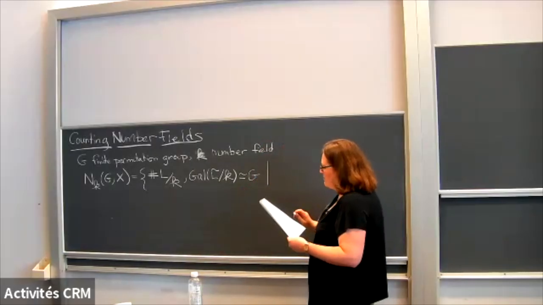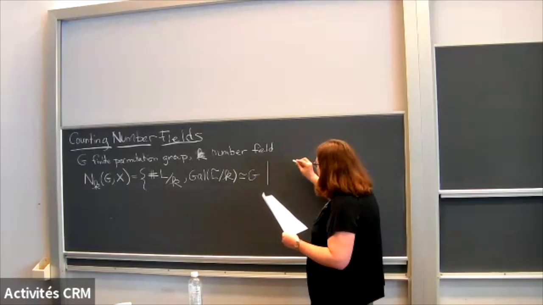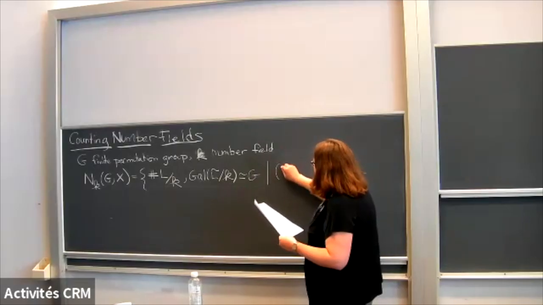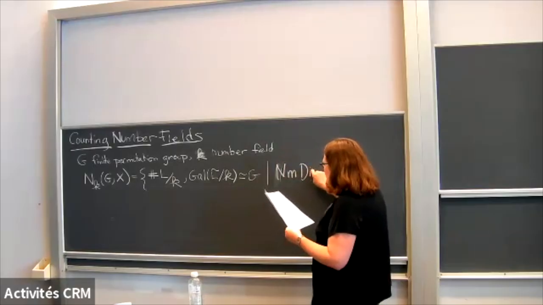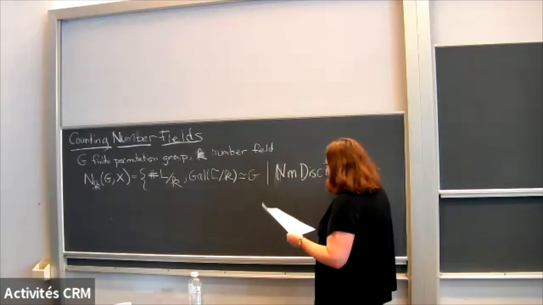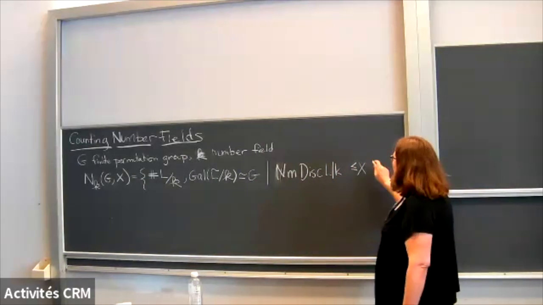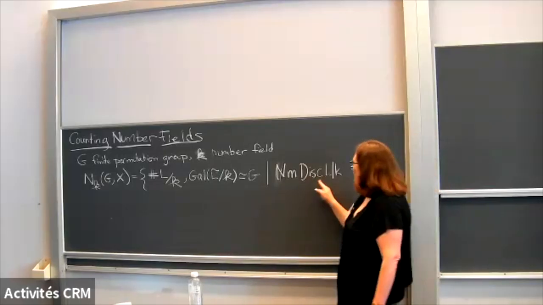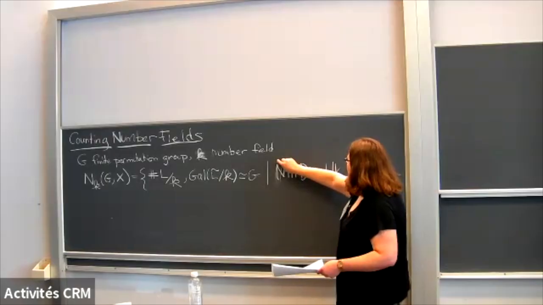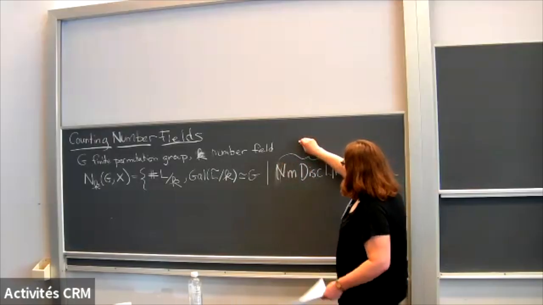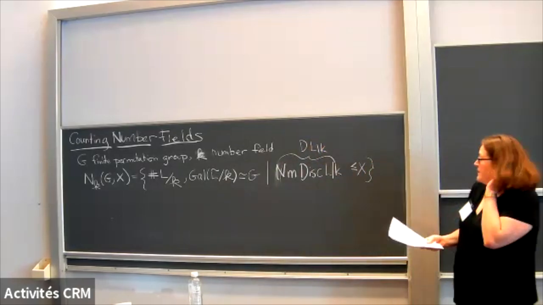so we're counting such things with the norm of their relative discriminant. So that's an ideal. You take the ideal norm to be at most x, but because I don't want to always have to write so many letters, I will write this as just d L over k later.